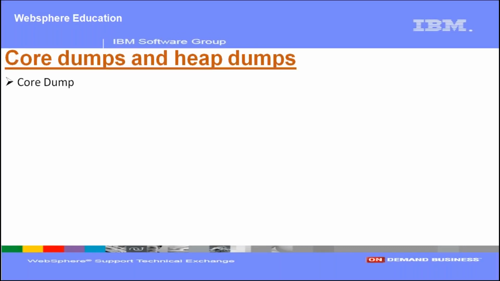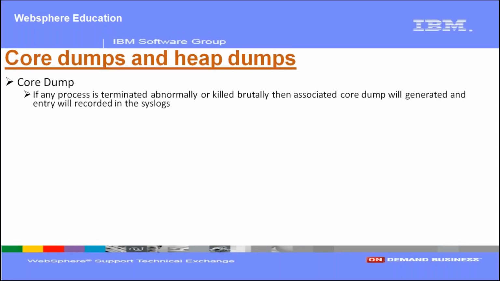Now core dumps and heap dumps. Let's see now. If any process terminated abnormally or was killed brutally, then the associated core dump will be generated and an entry will be recorded in the syslog. Whenever a core dump is generated, its associated entry will be there in the syslog, mentioning that a core dump has been generated in this path. Generally core dump files will be of really huge size, so always keep an eye on the core dumps and heap dumps.